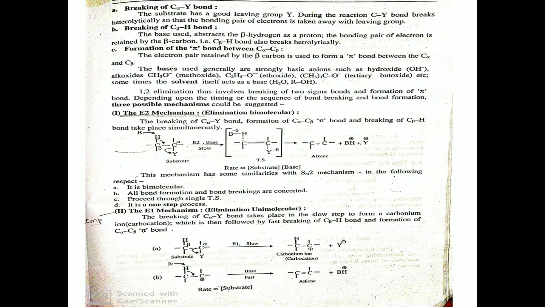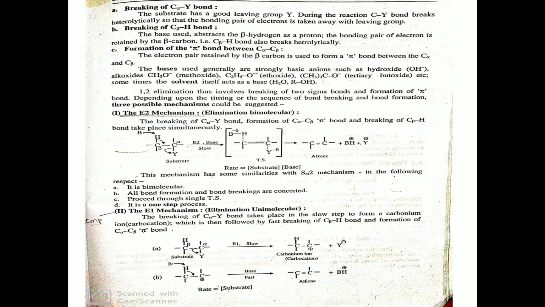Three steps are involved in the mechanism of elimination reaction. First is breaking of the C alpha-Y bond. Second, breaking of the C beta-hydrogen bond, and last step is formation of the pi bond between the C alpha and C beta carbon atoms.